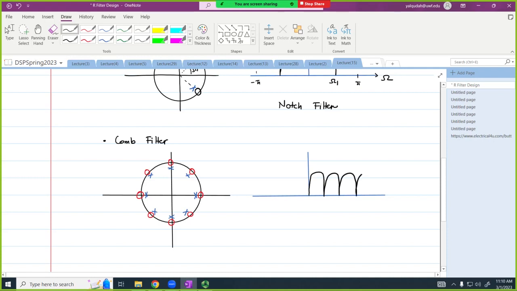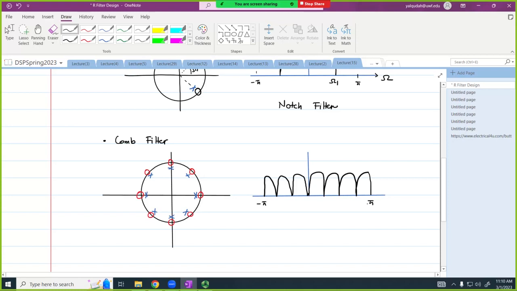It's more like fingers to me. It's not done yet. Now you made it worse. Sorry. Even worse. Okay, so it looks like a comb. If you don't see it, nothing I can do. Negative pi to pi.